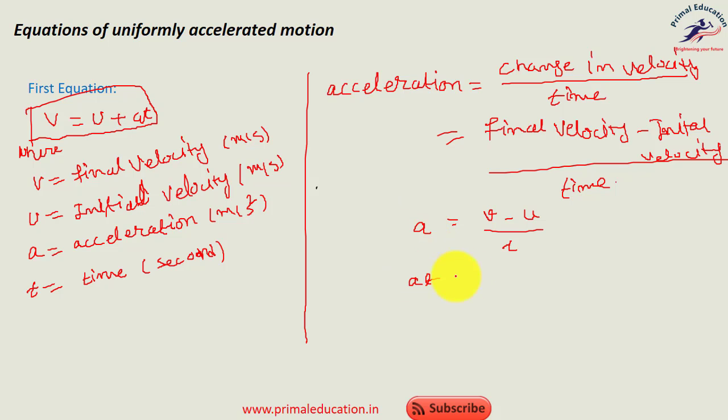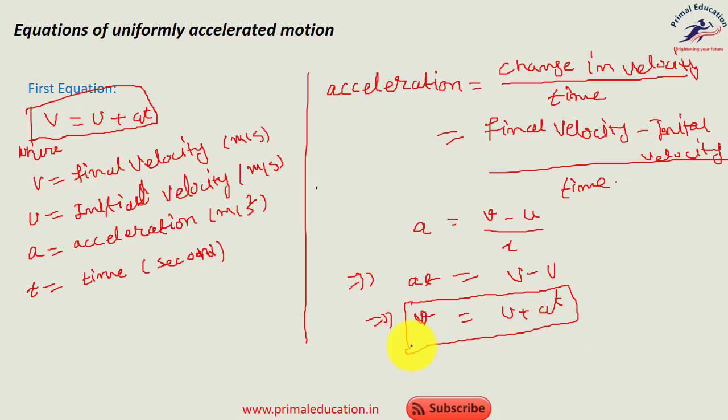So at can be written as v minus u. So from this we will get v, the final velocity, equal to u plus at. So this is equation 1, and this is how we can get equation number 1 from the formula of acceleration.